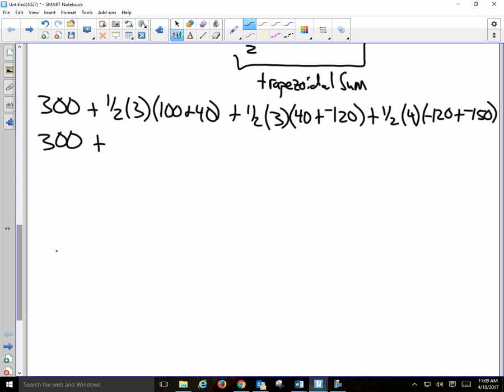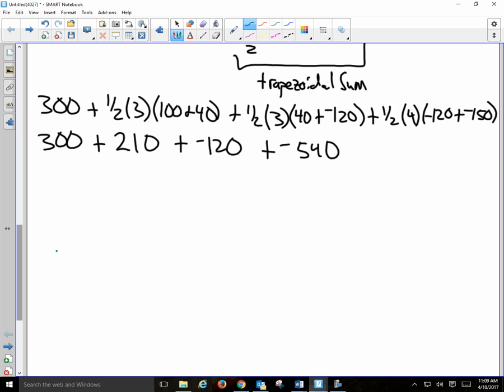300 plus, what's 100 plus 40? Times 1/2. Times 3? Good. 40 and negative 120: negative 80 times 1/2 is negative 40, times 3. And negative 120 and negative 150: negative 270. 1/2 times 4 is 2. 2 times negative 270 is negative 540.